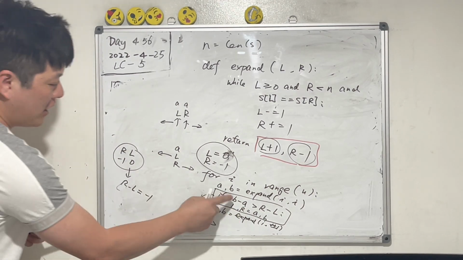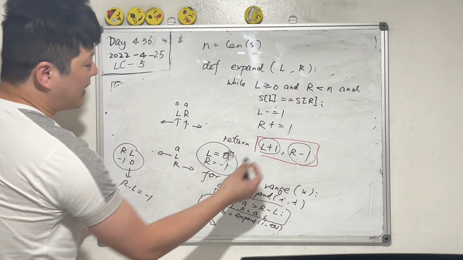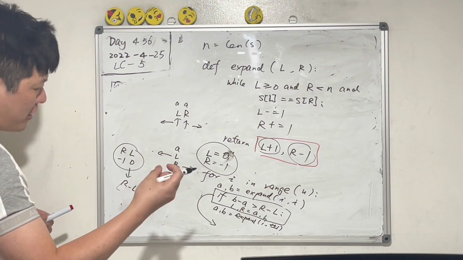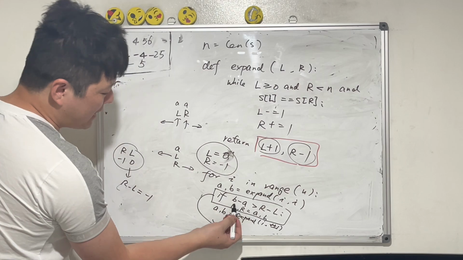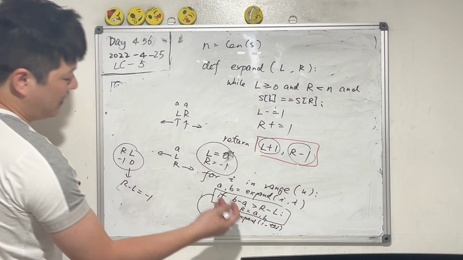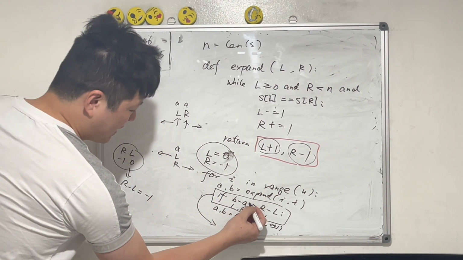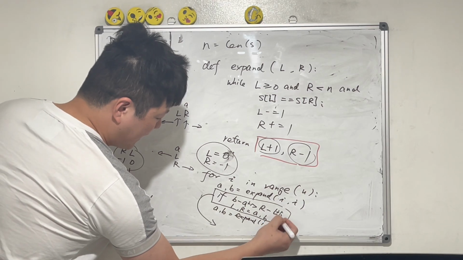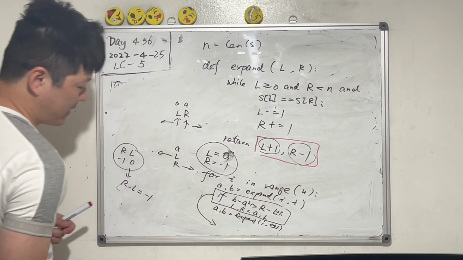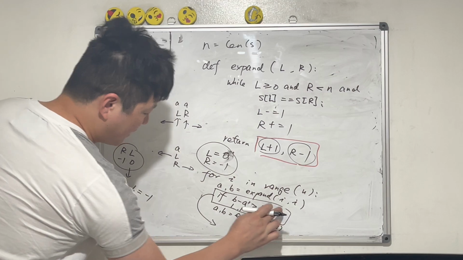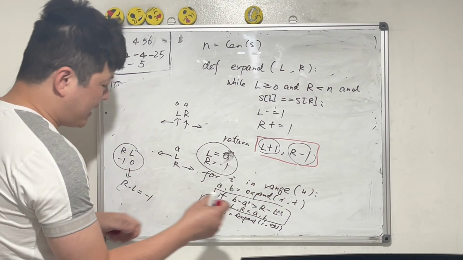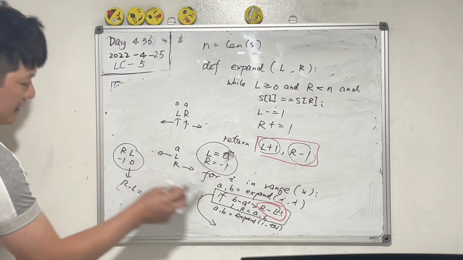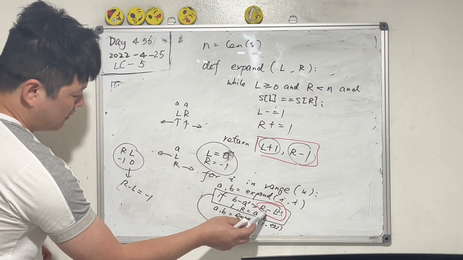We need to check, because this function returns the longest palindrome, the left boundary and right boundary. And b minus a means the length. Roughly the length is actually +1, but we can +1 in both cases, so we don't need to +1 here. If b minus a is bigger than r minus l, this is the existing longest palindrome substring.